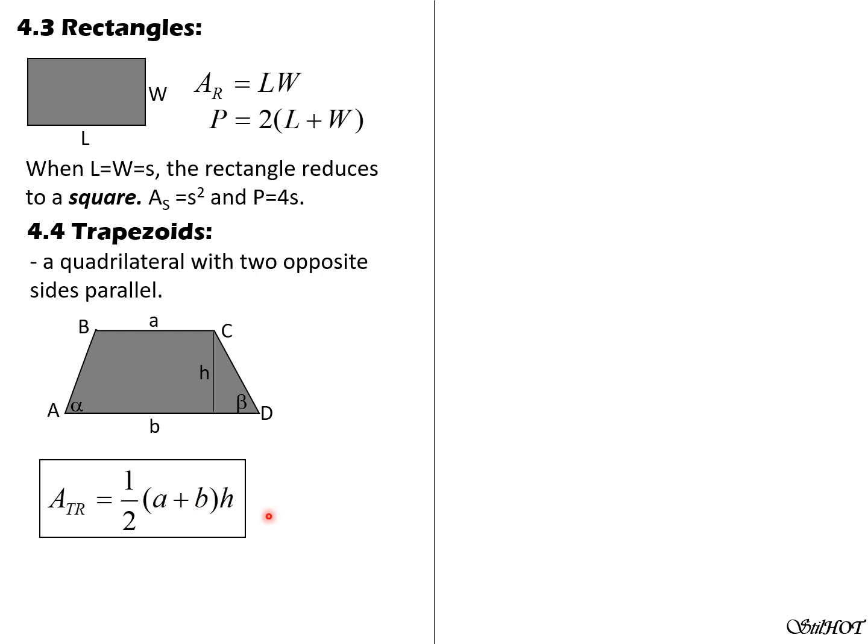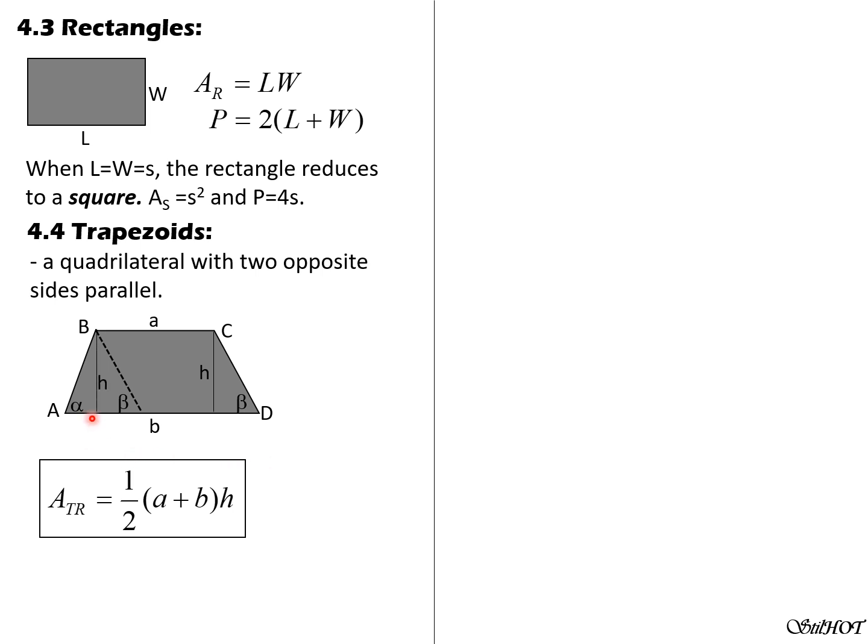That's the area, 1/2 of quantity A plus B times H. Then if we draw a line parallel to CD, then we have here a parallelogram and a triangle. The base of the triangle would be B minus A, and that's it.